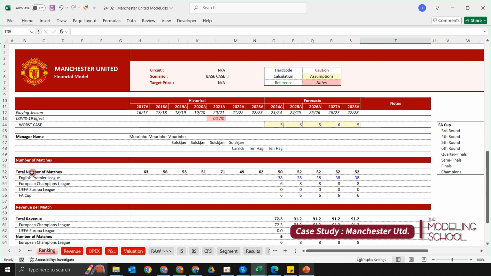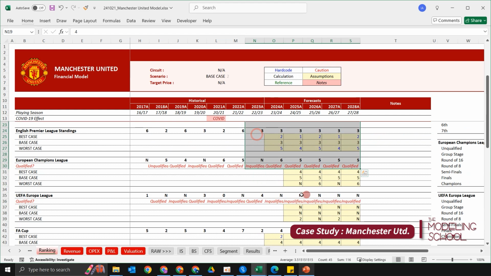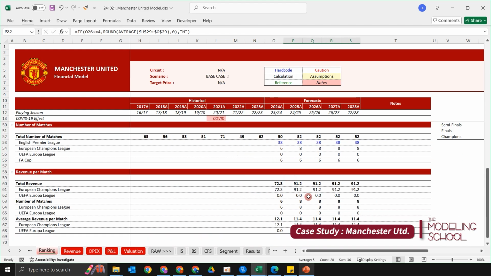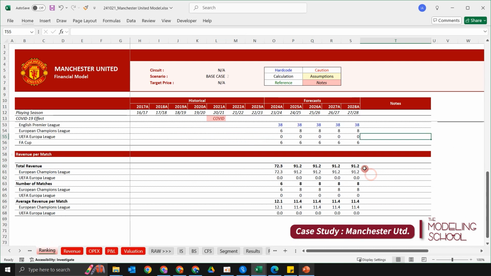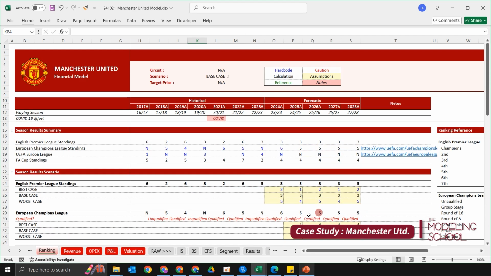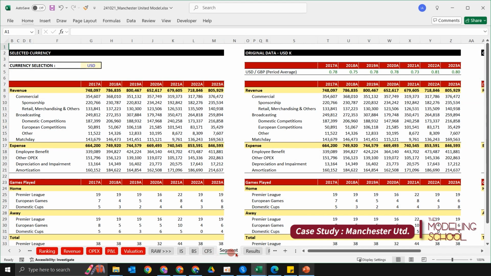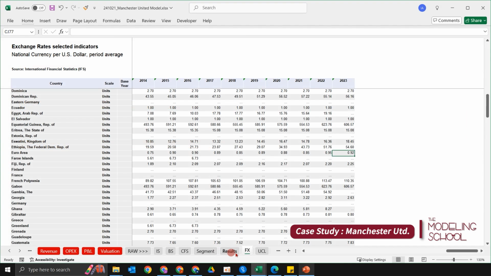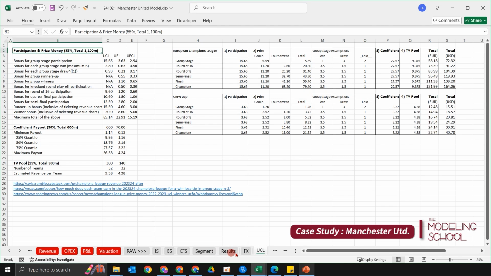And we also have a component on number of matches, because depending on the rankings and how well they do in the future, the number of matches will change. And lastly, revenue per match will also change. As mentioned, especially on the broadcasting revenue, it's going to change. And there is a table from the European Football Association on the prize money, the payout, the TV pool on the Champions League and the UEFA Cup.